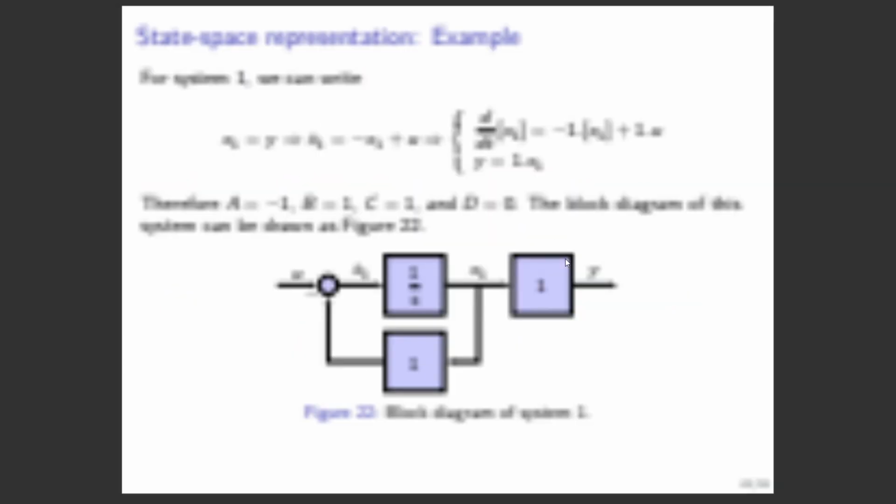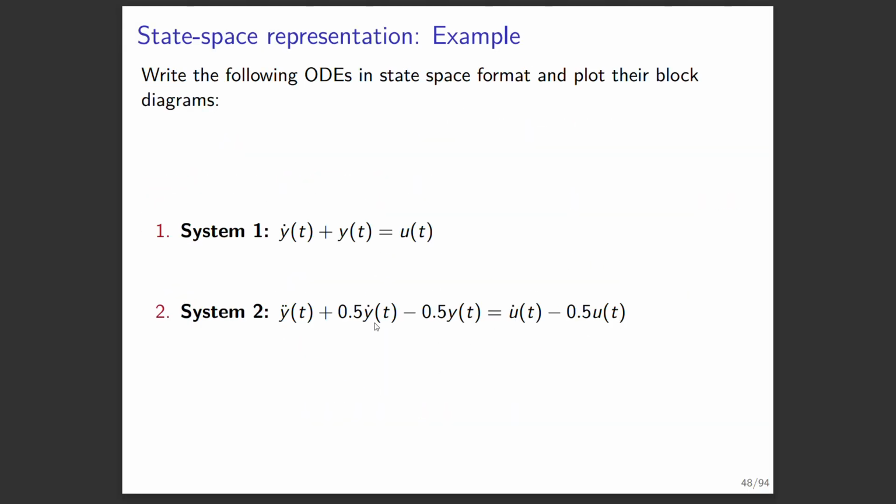How about the second example? So here, this equation. Do you remember how we would draw the block diagram if we had u dot or u double dot on the right hand side? We would first write the transfer function, then break it into the numerator and the denominator, introduce a new variable called v, write this differential equation as two differential equations, and then plot the block diagram, right?